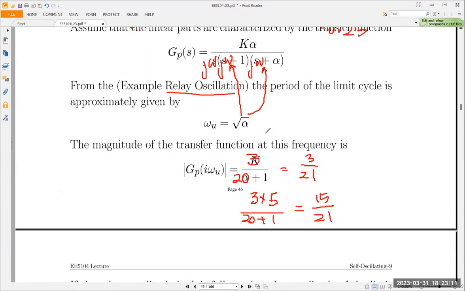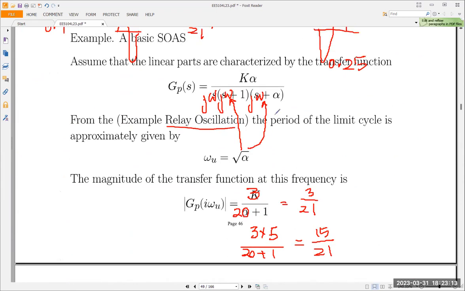So all you need to do is we look at this previous question. From there, we found that the oscillation frequency is root alpha. All right, this result was obtained from the basic example previously.